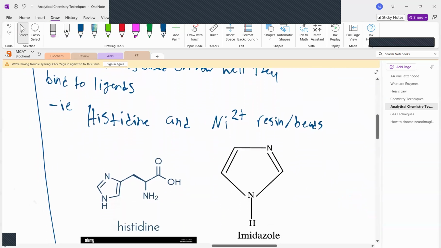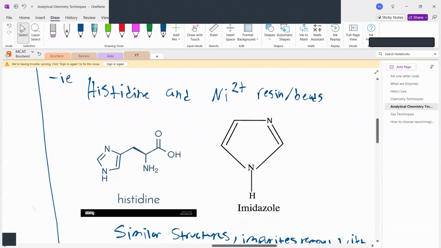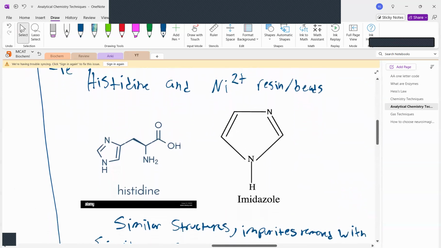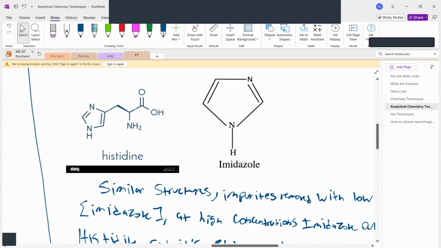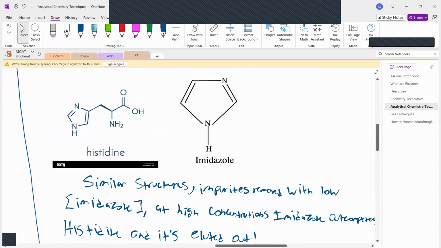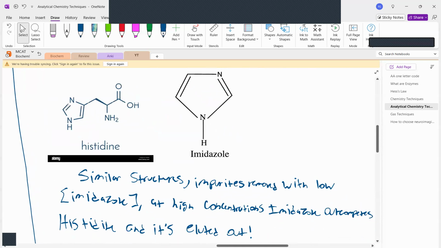So if you have that nickel resin bead and you have histidine, a lot of times you'll use, correct me if I'm wrong, I always have trouble pronouncing the names of molecules, imidazole? Okay, I'm just gonna call it this. So basically, similar structures and impurities are removed with low concentrations of your imidazole.